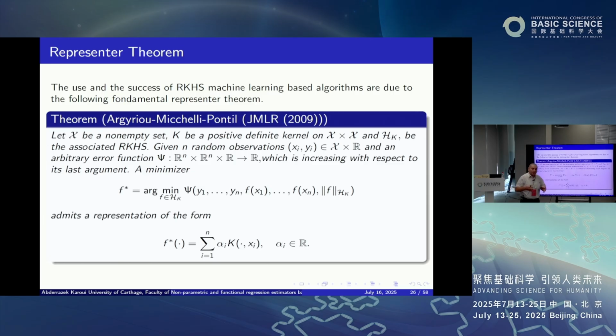So to get this solution, we just have to estimate these coefficients. This is a very interesting, powerful theorem. Of course, special cases of this representer theorem have their origin in the mid 1990s. But this is the general version.